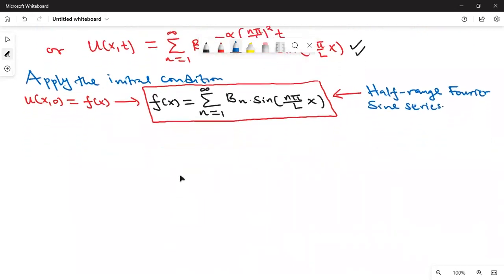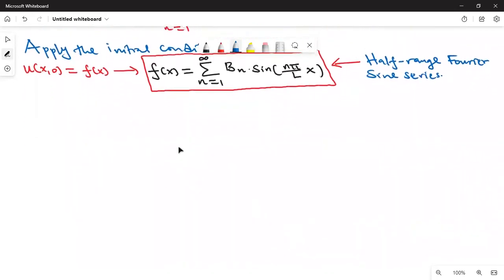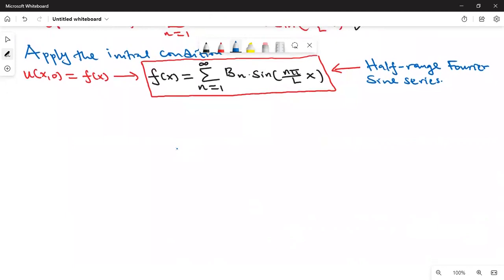So how do we find the Fourier coefficient b n? B subscript n here is called the Fourier coefficient. So how do we find them?